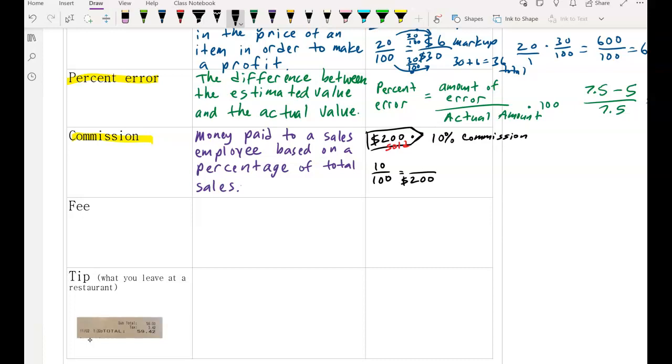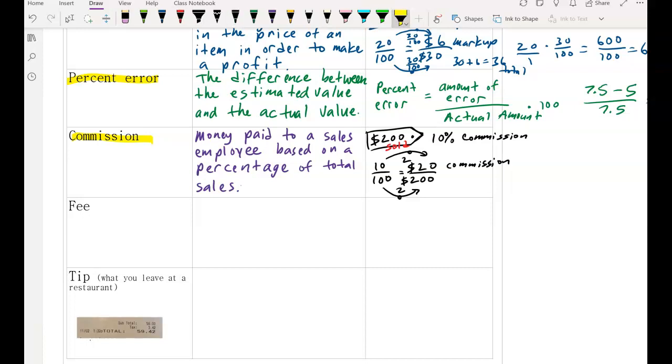So how do you get from 100 to 200? You multiply by 2. So you do the same thing up here. I multiply by 2. 10 times 2 is 20. So if you earn a 10% commission and you sold $200 worth of stuff, then you would earn a $20 commission. How great is that?